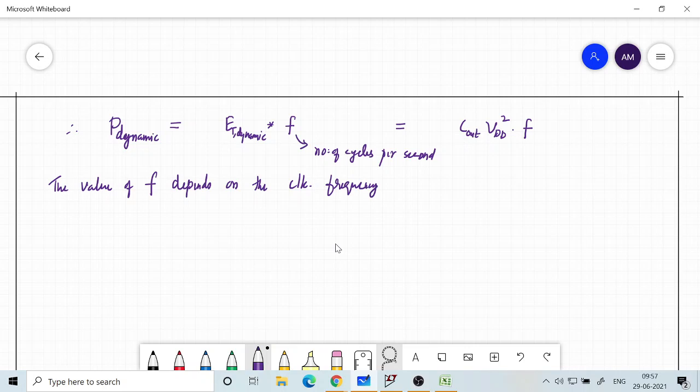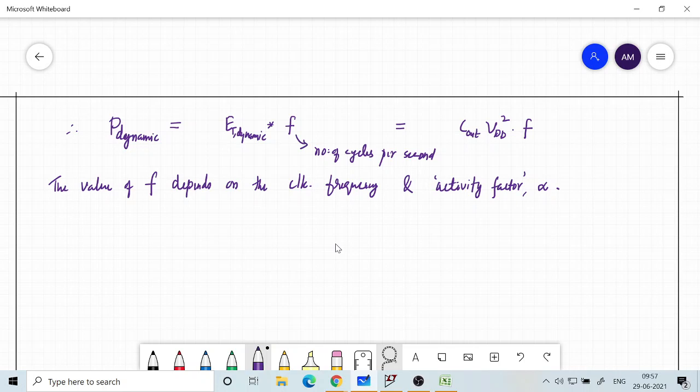If you operate the device at a higher clock frequency, then F is going to be larger, and something called the activity factor alpha also matters.